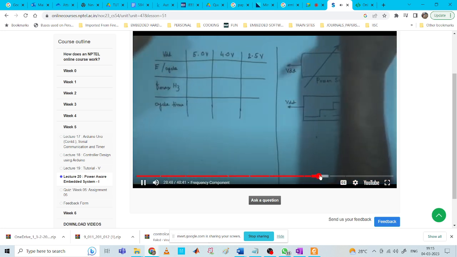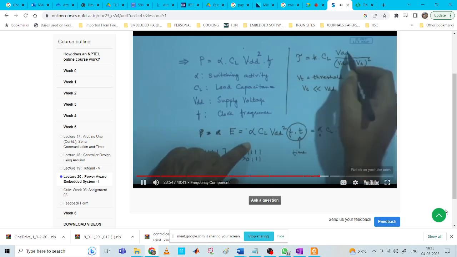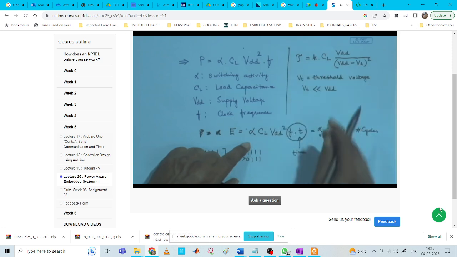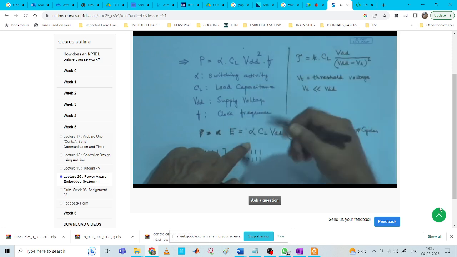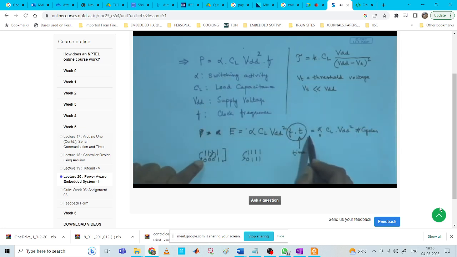Once again, coming back to this here. So we are playing with the VDD, and depending on the VDD, we'll have some frequency component. And so consequently, we'll have the cycle time, and cycle time is the inverse, and we'll have the energy per cycle. Okay?